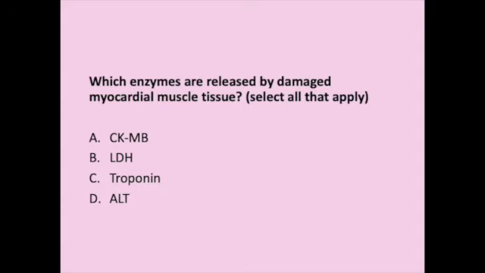If you've already forgotten, go back a slide, but you should pick CK-MB, LDH, which is the lactic acid test, and troponin. And ask yourself, which one is the most specific for MI? If you said troponin, you are correct. This is the most specific for MI, although all three can help tell the picture.